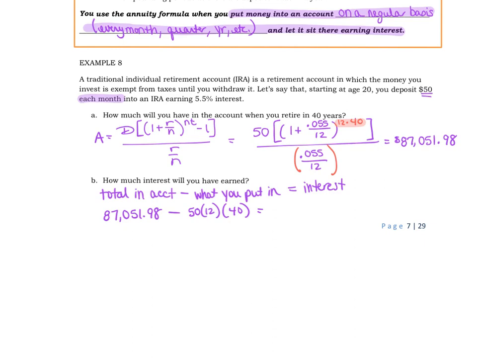Whenever you go ahead and calculate that, your 50 times 12 times 40, notice that you only put in $24,000. That's what came out of your pocket. The rest of that, $63,051 and 98 cents, is how much you earned in interest. So look at how much your money grew by simply setting aside $50 per month.